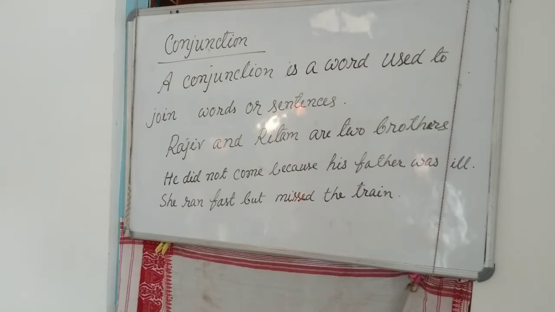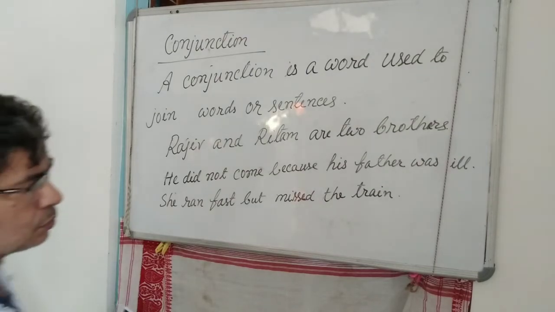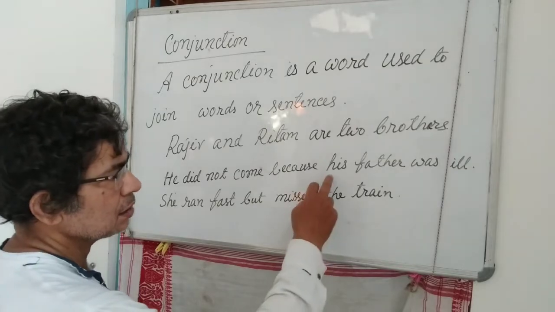Now come to the second sentence. He did not come because his father was ill. Suppose a man did not come to school or a meeting. We can write, he did not come to school, and again, his father was ill, in two sentences.